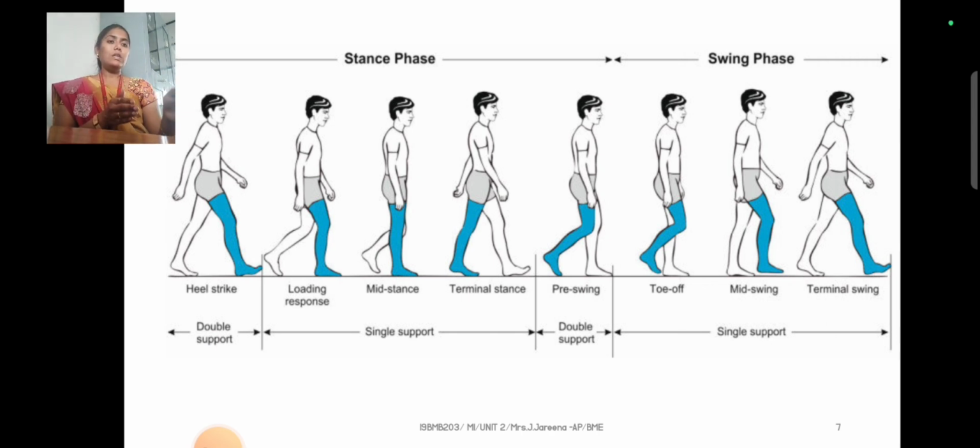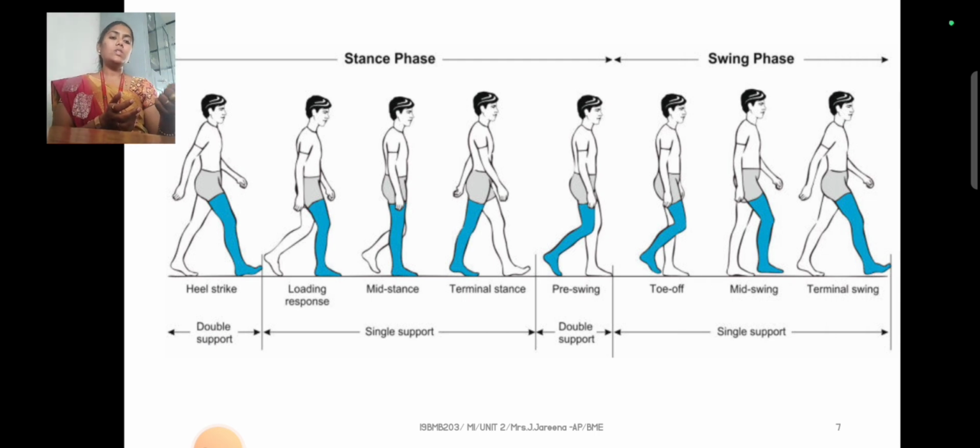That is the reason I have brought up this topic, the gait cycle, to have proper posture when standing and walking. Let's look at the different stages in the gait cycle. There are two phases: the stance phase and the swing phase. In the stance phase we have two kinds of support, double support and single support.